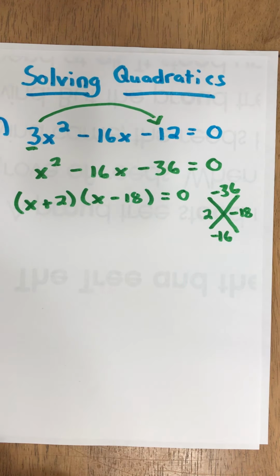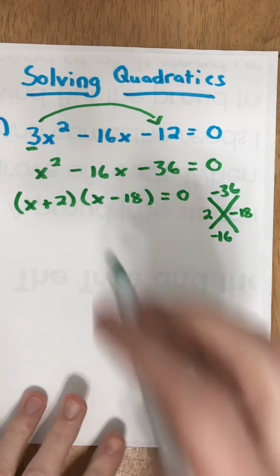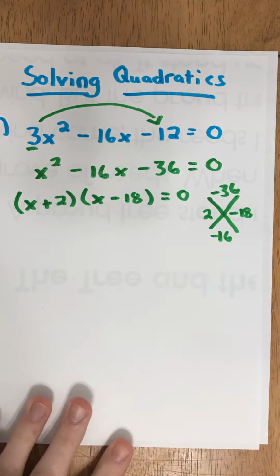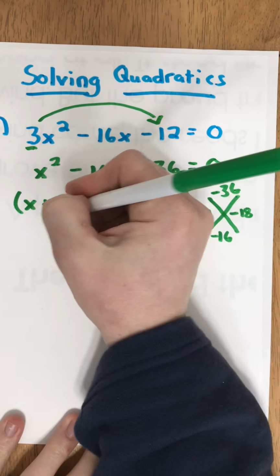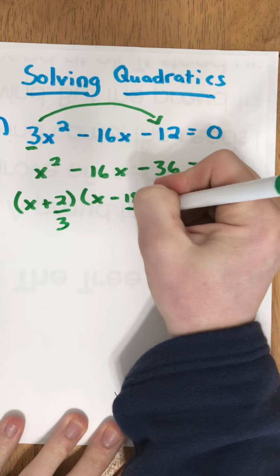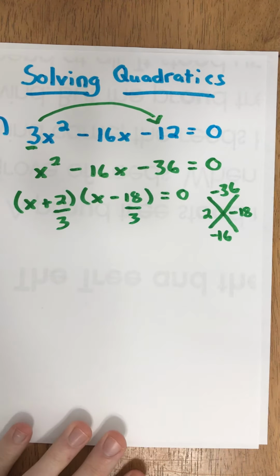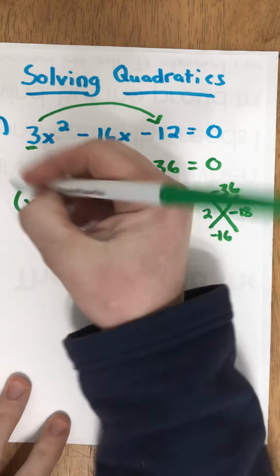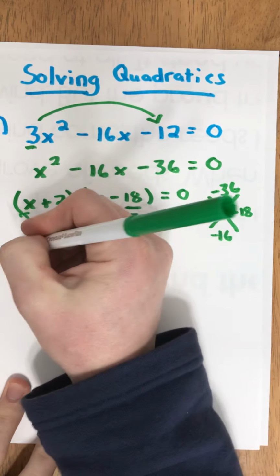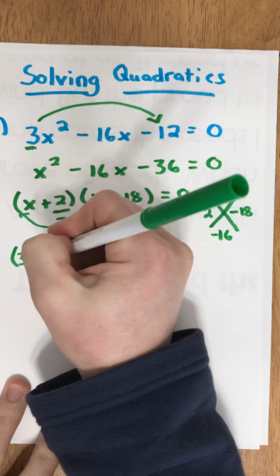Now remember, just like when we did this before with factoring, if we slip our 3 out here and multiply that, we have to slide it back in and make each term here divided by 3. So what we did the last time is we would pop this 3 up top and make this 3x plus 2.